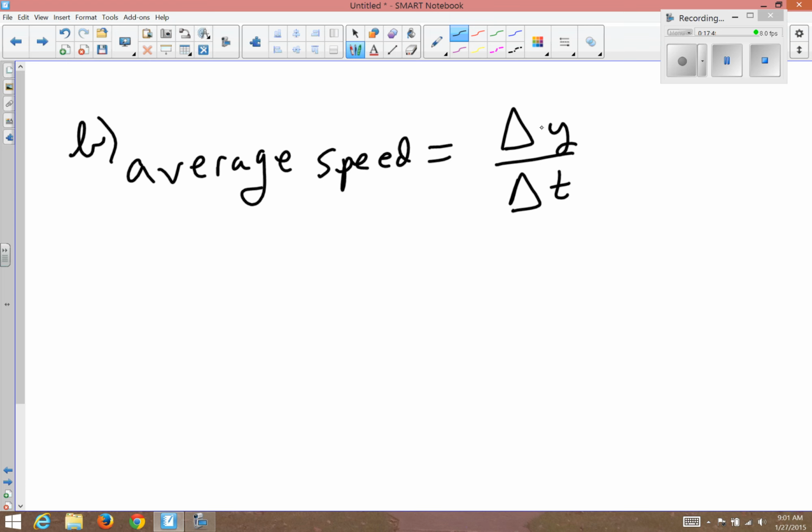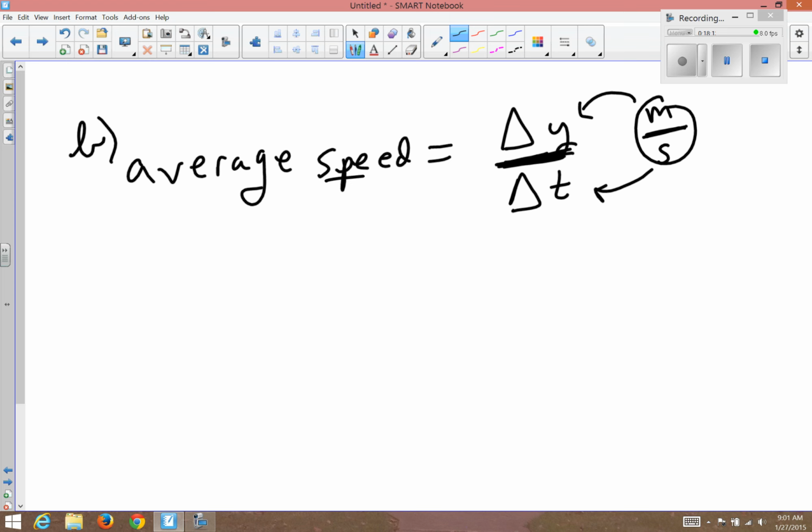Since y is measured in meters, this numerator is meters. Since t is measured in seconds, this denominator is seconds. So whatever we get when we calculate this division, its units will be meters per, think of division as the word per, second.